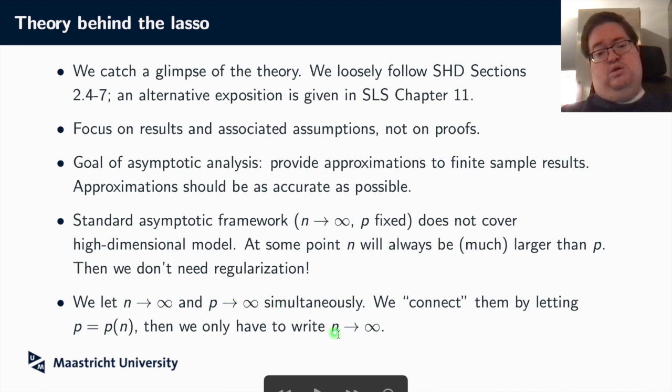In general, we only write n going to infinity, but what we mean is that p is a function of n and grows along with n. And it can grow at different speeds, and I will come back to the speeds at which it can grow. We will occasionally look at the standard framework, simply as a first step, and also because life just gets very complicated in this framework. But keep this in mind when we do asymptotics.